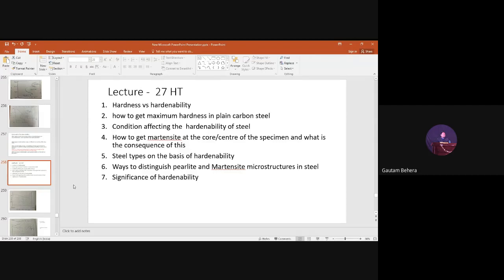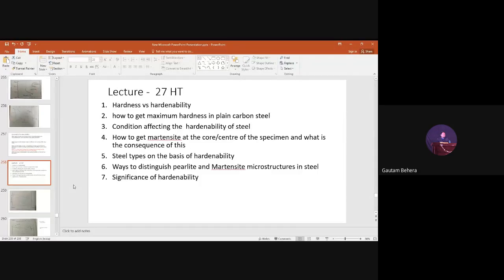When the cooling rate is very high, most likely we will get a martensitic microstructure. When the cooling rate is slow, most likely we'll get a pearlitic microstructure, right? Obviously, due to the difference in microstructure, we will have different hardness at different cross sections of the steel, right? So that is the concept of hardenability.